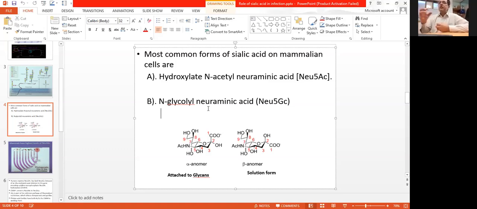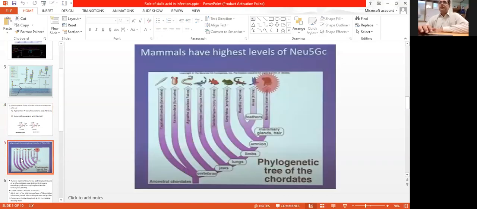You take one group, attach it with the neuraminic acid, it makes one form of sialic acid. Then you take another group and replace the group which is attached with the amino group, it would make another type of sialic acid. So these are different types of sialic acid derivatives.